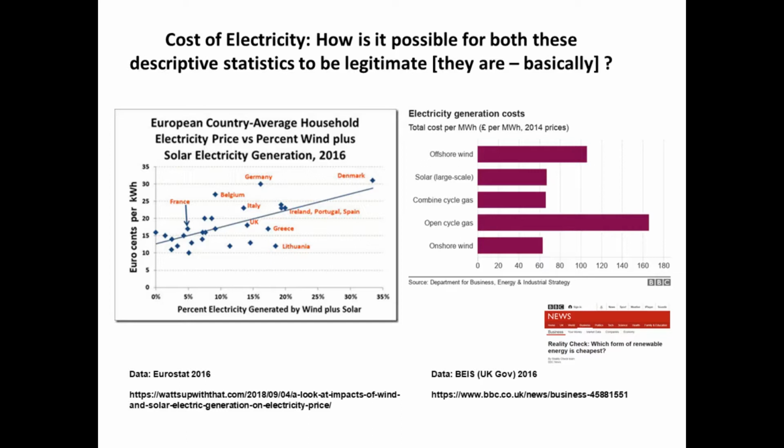And the trend is actually quite steep, so that if you have this trend line and you consider 0% electricity generated from wind and solar, that means a domestic electricity price of about 12 cents per kilowatt hour. Once you get up to 25 or 30% electricity generated by wind and solar, that gives you 25 euro cents per kilowatt hour.